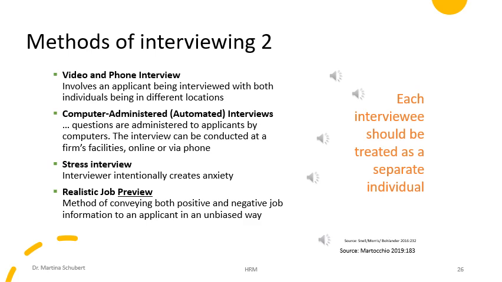Many companies use computer-assisted or automated interviews to gather information as well as compare candidates. In a computer-assisted automatic interview, the questions are administered to applicants via a computer. The interviews can be conducted at a firm's facility using kiosks, online, or via phone.